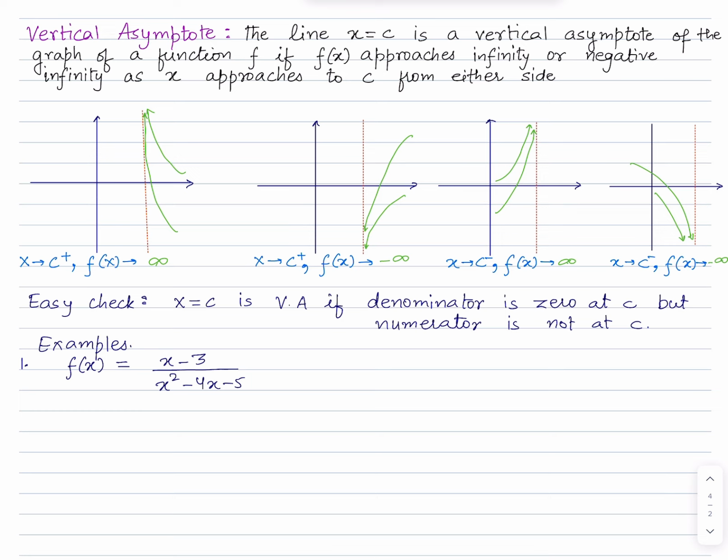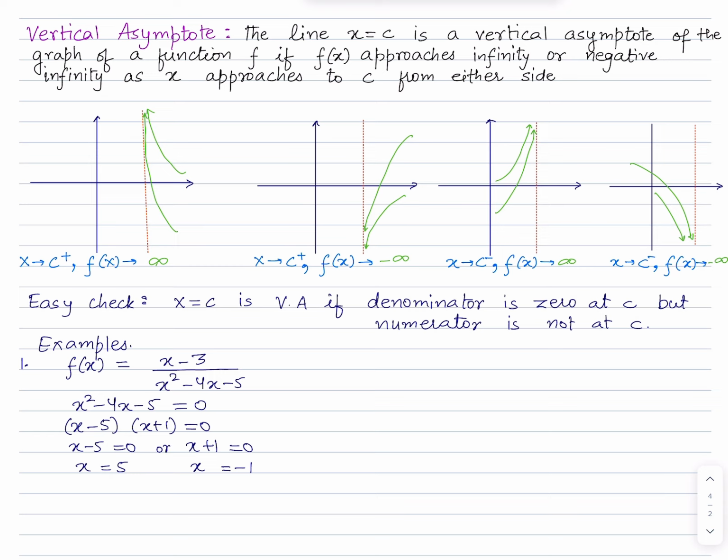Find the points at which your denominator is 0. x square minus 4x minus 5 equals 0. You can use the quadratic formula or you can factorize. Which means either x minus 5 is equal to 0 or x plus 1 is equal to 0. Adding 5 both sides, I got x equals 5. Here I got x equals -1.